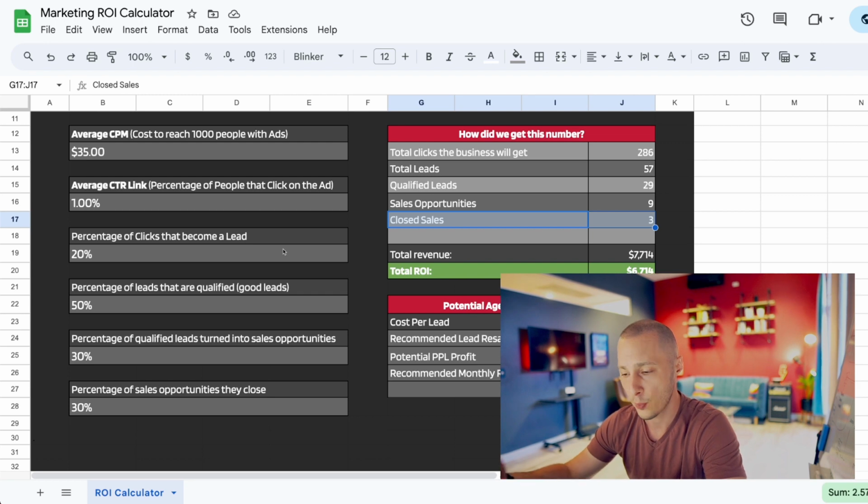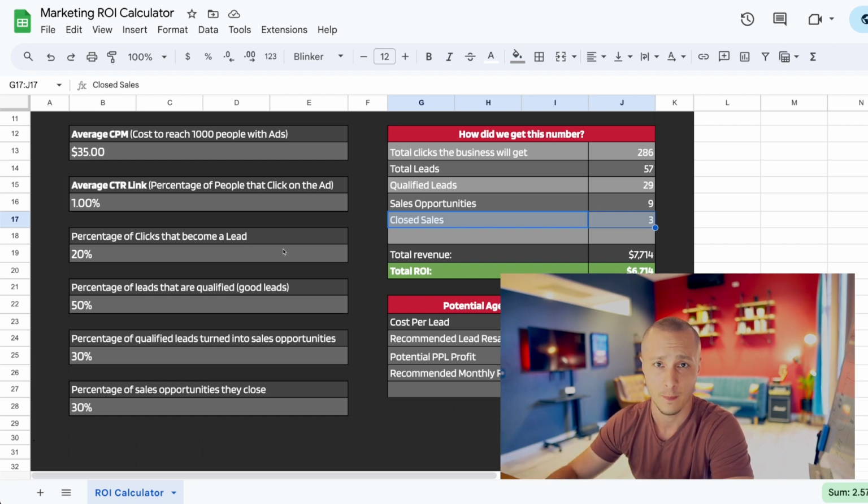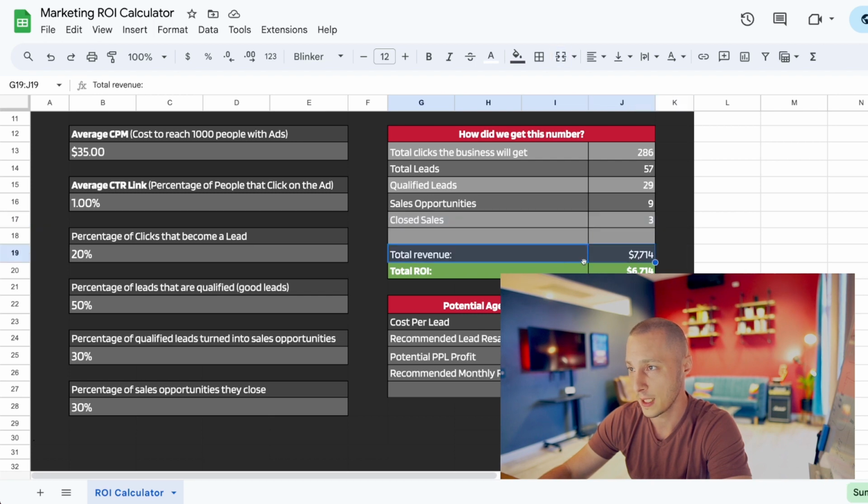We've had brand new beginners launch campaigns with our system and make a business 50 grand, with less budget being spent. So this is not a crazy result by any stretch of the imagination. The total revenue would be 7,700 here, it's basically averaging it out. Total ROI would be something like 6,700.